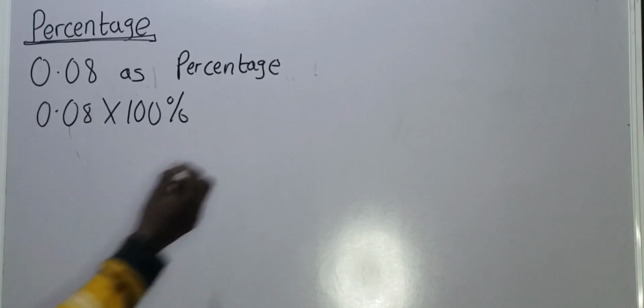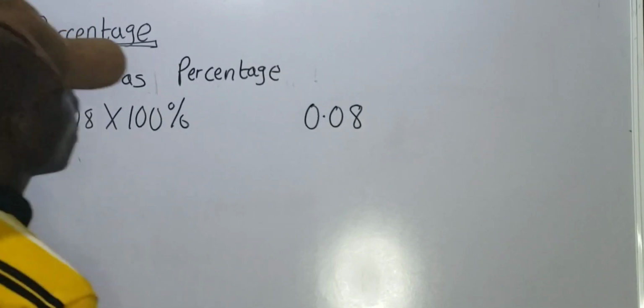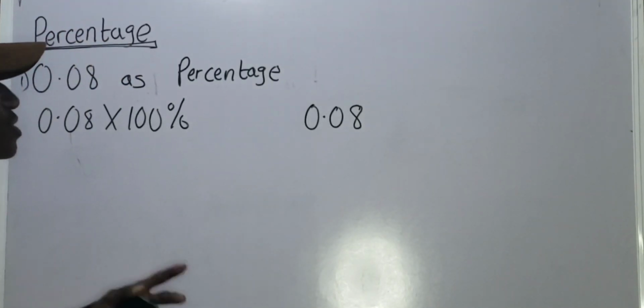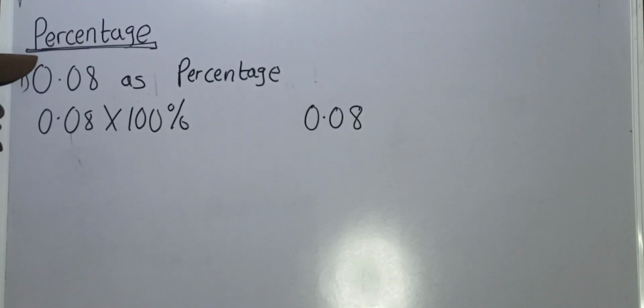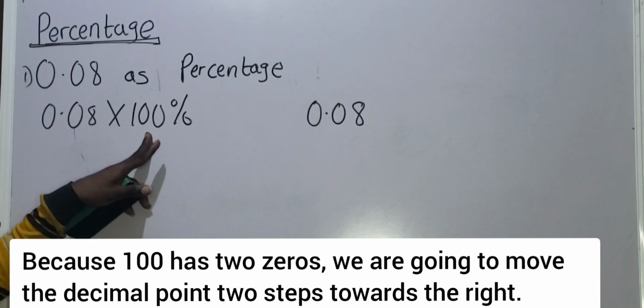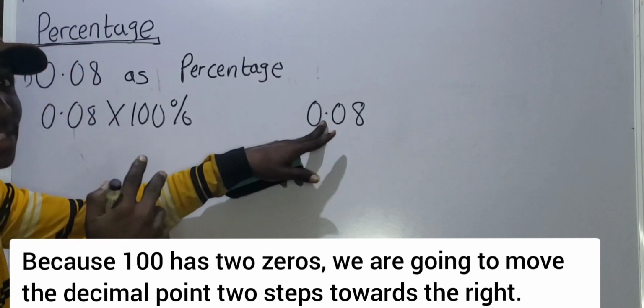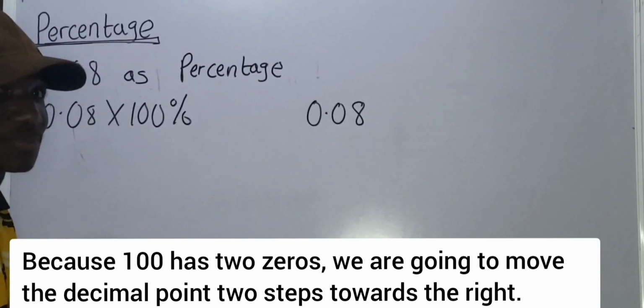This is the decimal that I have, 0.08. This is the decimal number that we want to change to percentage. Since 100 has 2 zeros, I'm going to move this decimal point twice towards the right. Are you paying attention?